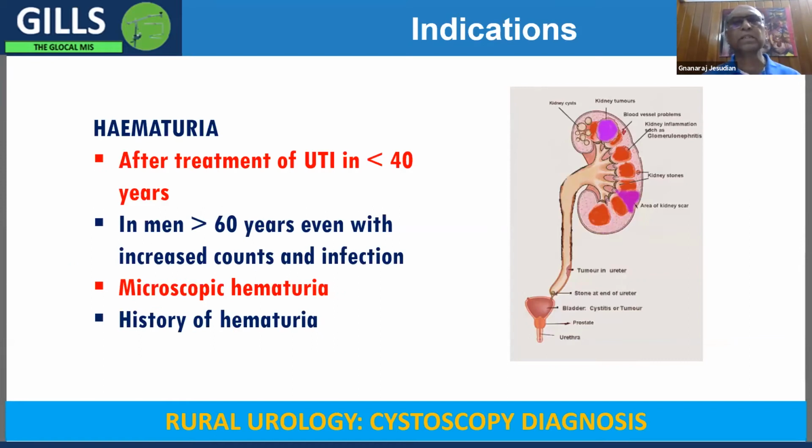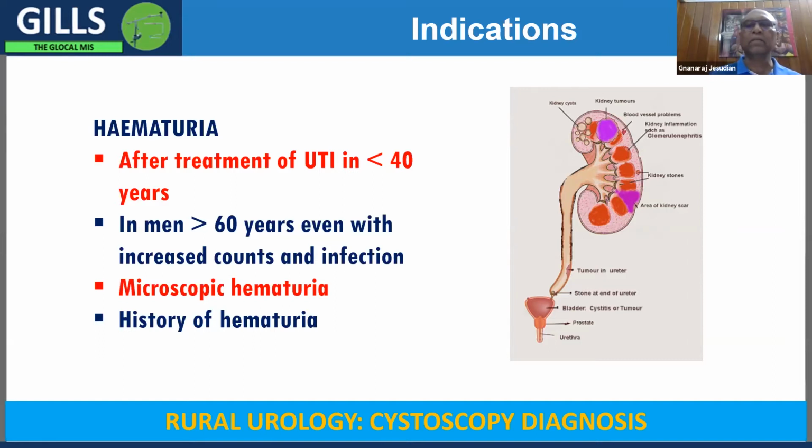So what are the indications for cystoscopy? The most common and important indication is hematuria, or blood in the urine. In men over 60 years, even if there is microscopic hematuria, it is significant.